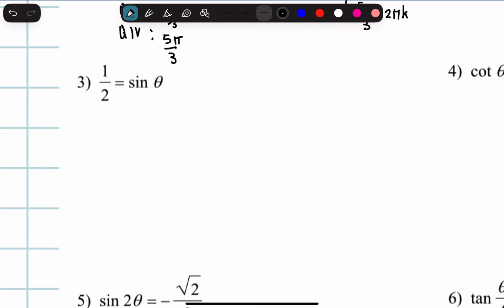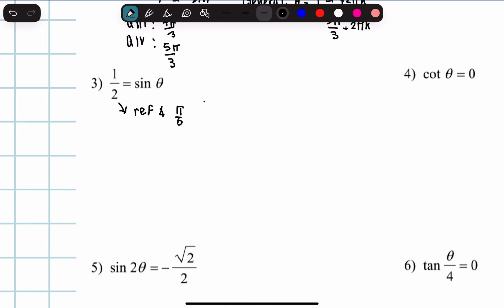1/2 is equal to sine of theta. So we know that the reference angle for this is going to be pi over 6, and we know that sine is going to be positive in Q1 for pi over 6 and for Q2.